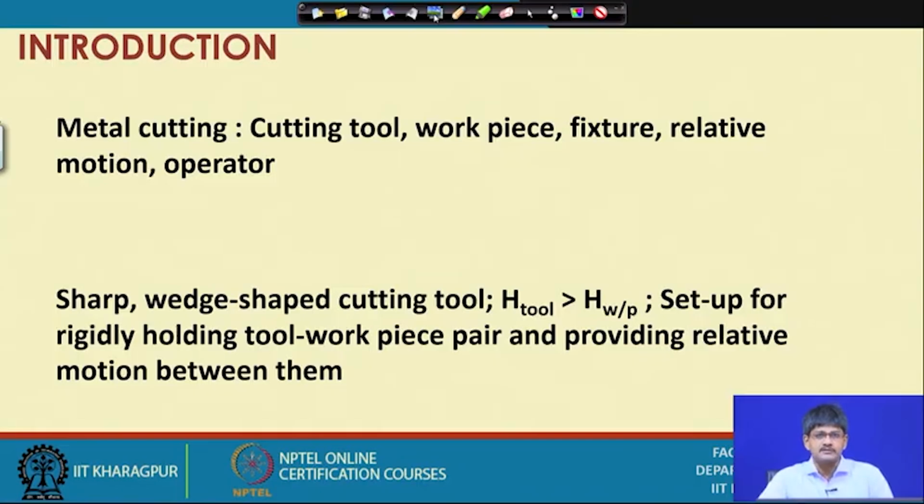Now comes the next aspect, the setup for rigidly holding the tool workpiece pair and providing relative motion between them. This is what the machine tool is all about.